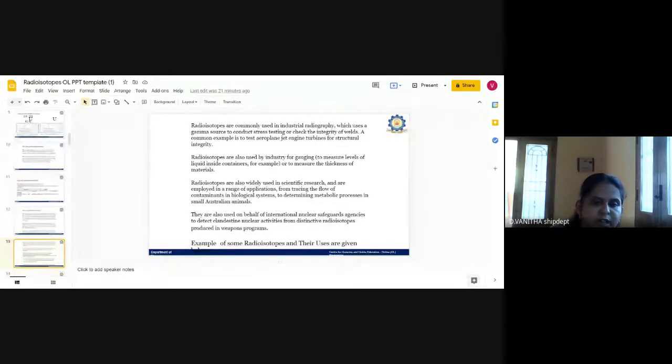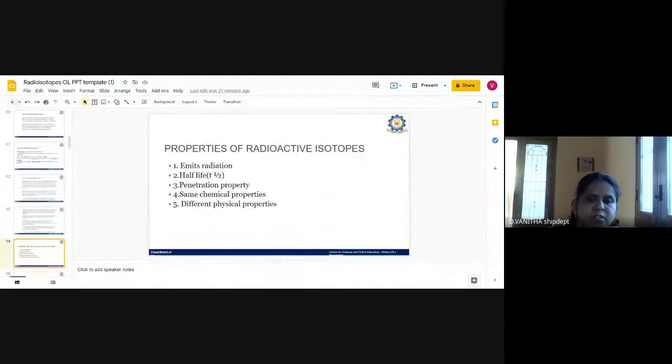So next, these are the properties of radioisotopes. The first property is that they emit radiations, which may be alpha, beta or gamma radiations.